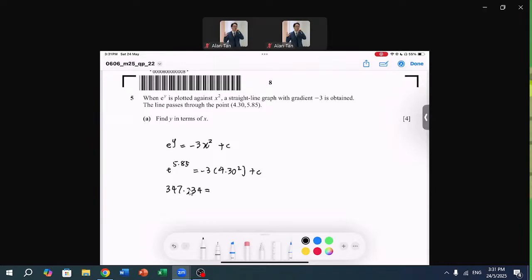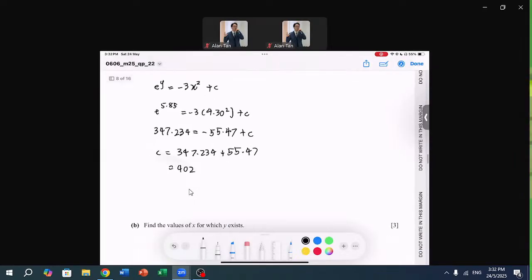Negative 3 times 4.30 squared is negative 55.47 plus c. c equals 347.234 plus 55.47, giving me 402.704.